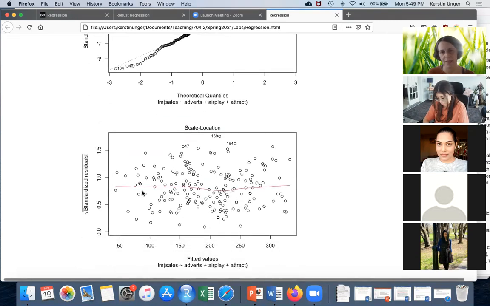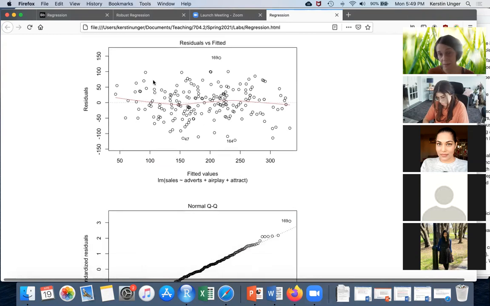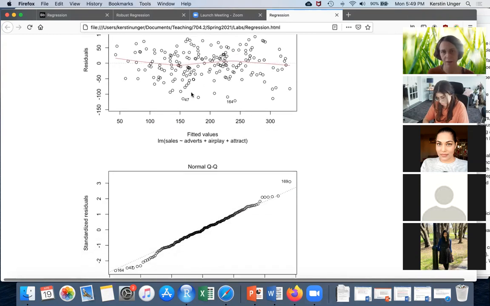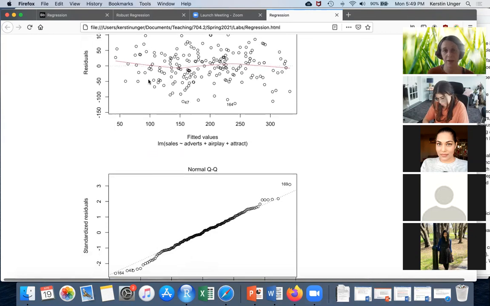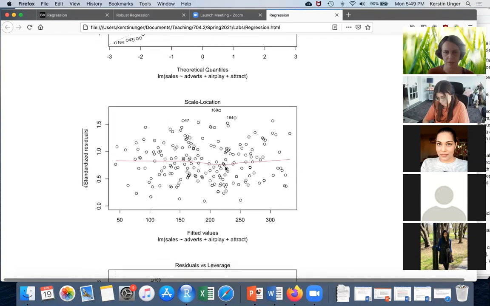Okay. So the scale location plot, just a reminder, is very similar to what we see here. The main difference is that it checks for evidence of heteroscedasticity, the most important thing that we're checking here, and also nonlinearity. If we had a nonlinear relationship, we could see something like an inverted U here, or something nonlinear, which we don't see here.